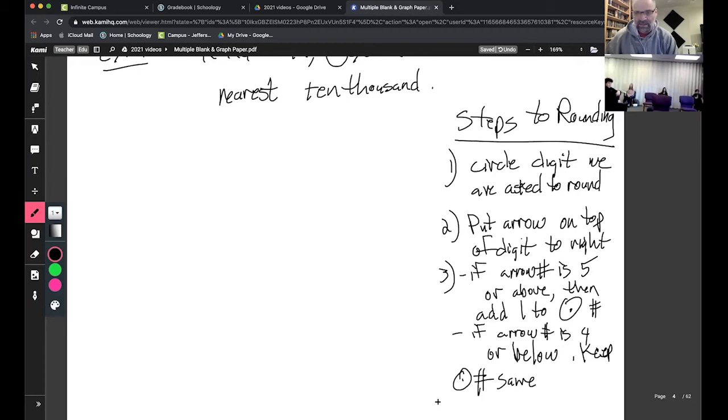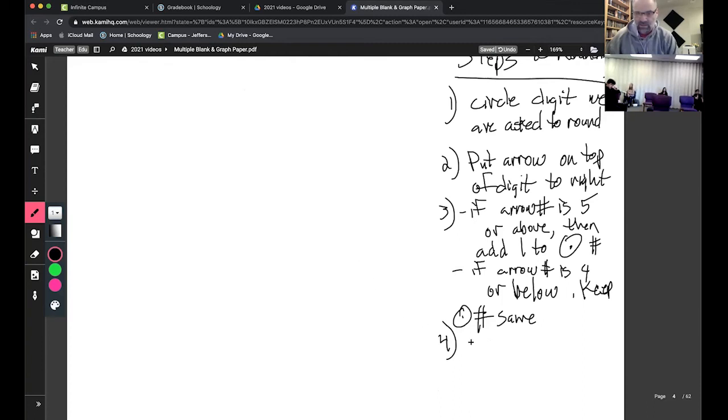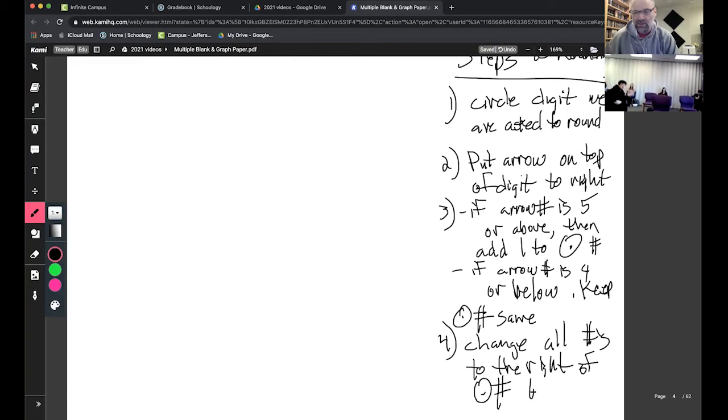All right, and then the last step, if you're rounding whole numbers, change all digits to the right of the circle number, that looks like a smiley face, to zeros.